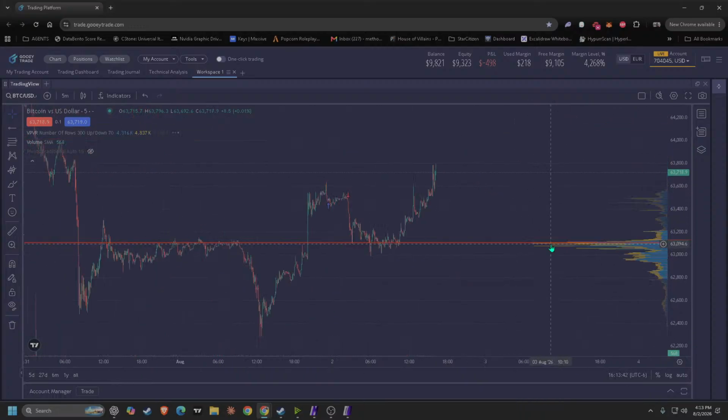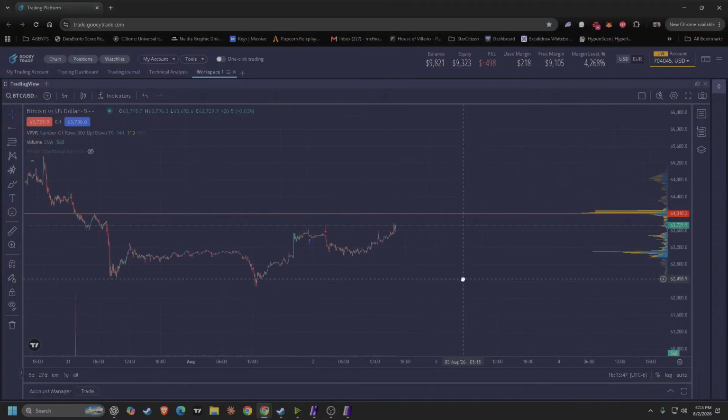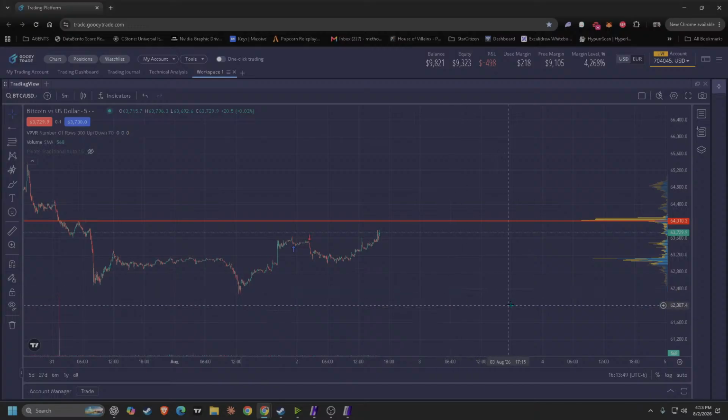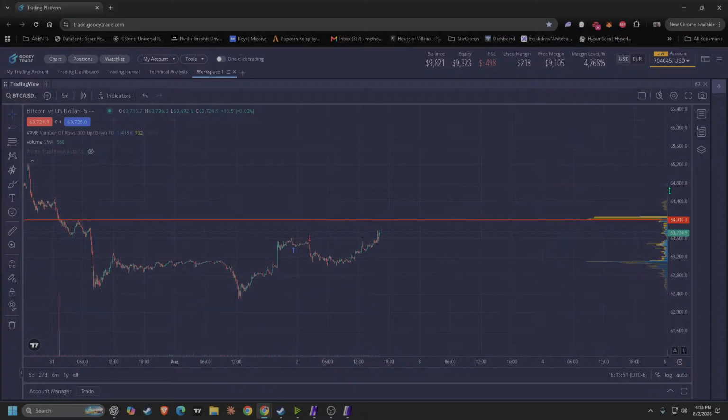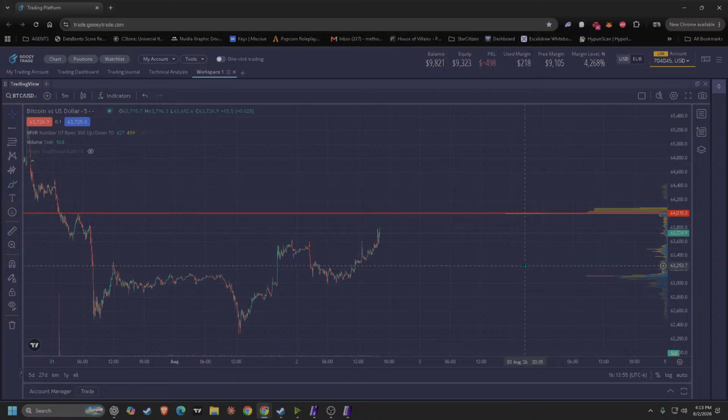If we just take this swing right here, this is the volume profile for that swing. This is the volume point of control.